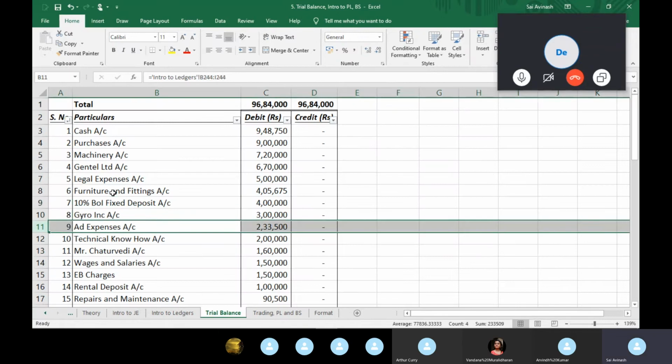Ad expenses. Again, this might be interesting. Advertisements. You may say that, well, I give an advertisement because I want to sell my products. But think of it this way: if I don't receive my goods, or if I don't make a purchase, I won't have anything to sell. But if I don't make an advertisement, I will still be able to sell my goods, right?